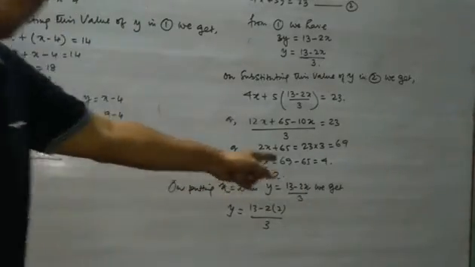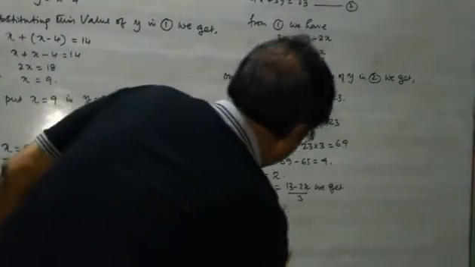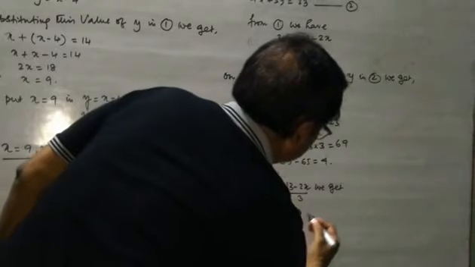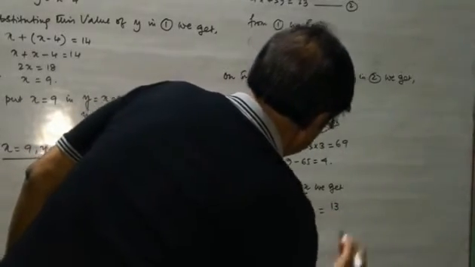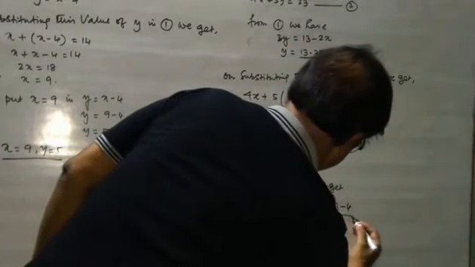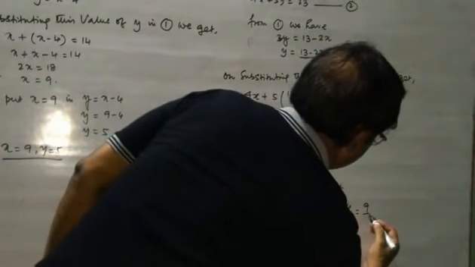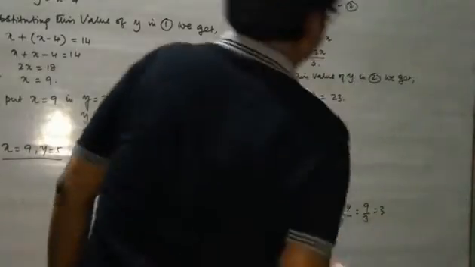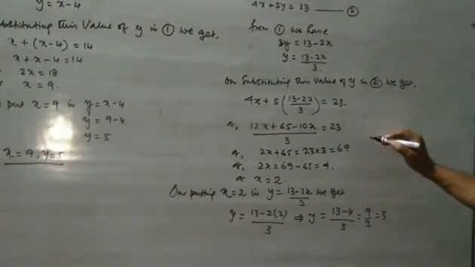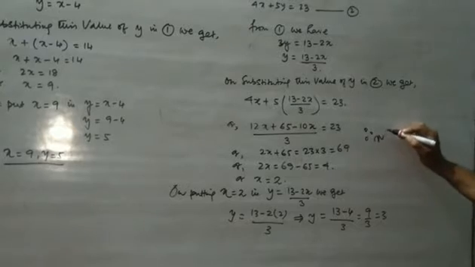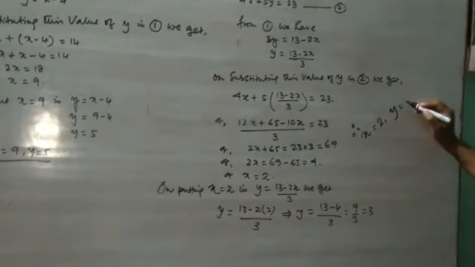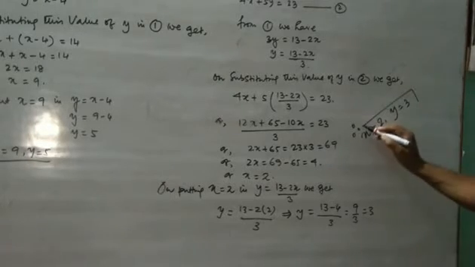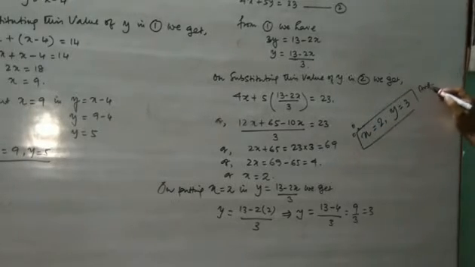We have substituted that value in order to get the value of y, and therefore that gives us y equals to 13 minus 4 by 3, that is 9 by 3 is equal to 3. Therefore, x equals to 2 and y equals to 3. This is the required answer of question number 4.